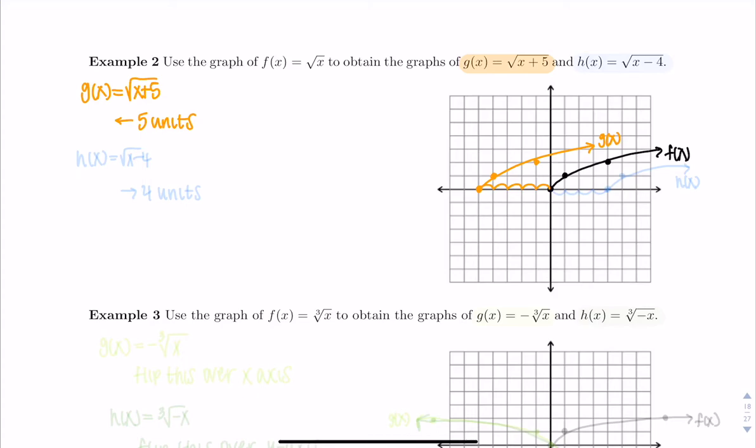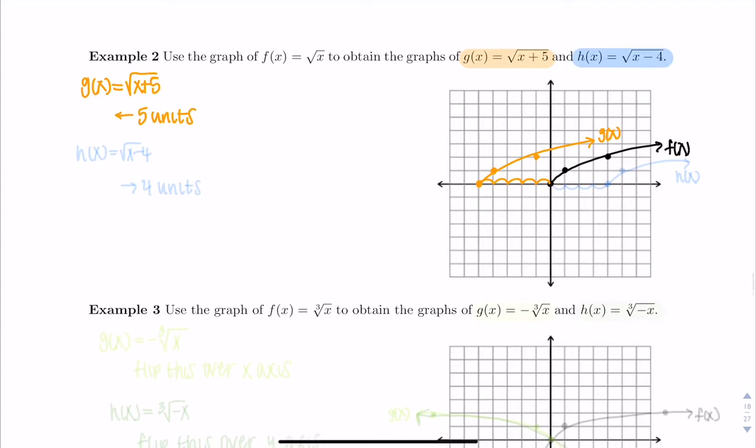Now we just want to do h of x. h of x is the square root of x minus 4. Because it's the square root of x minus 4, we'll now be moving to the right 4 units.